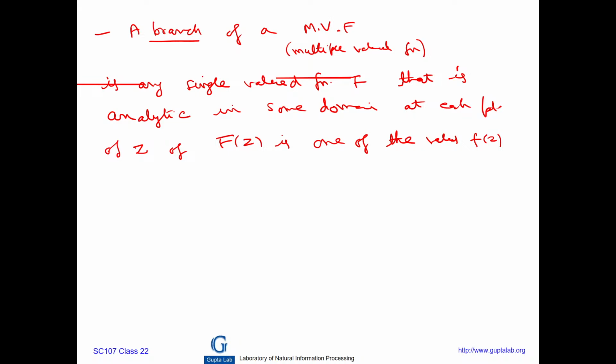So small f of z is a multiple valued function, capital F of z is a single valued function which is analytic. So we are restricting to one branch.